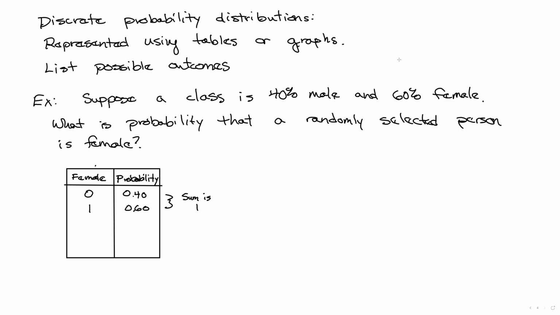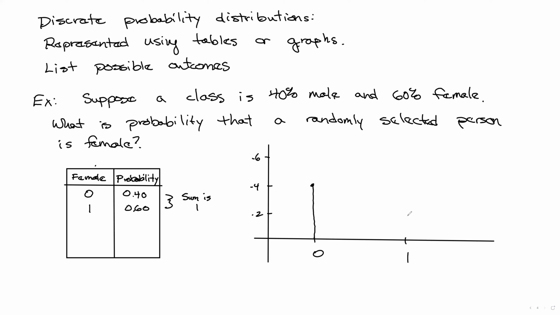We can also graph that. When you construct your graph, you'd want to have 0, 1. We're graphing the possible outcomes. So 0, we'll do 0.2, 0.4, 0.6. With 0, we get a 0.4 probability. So you go through and just do a little graph like that.